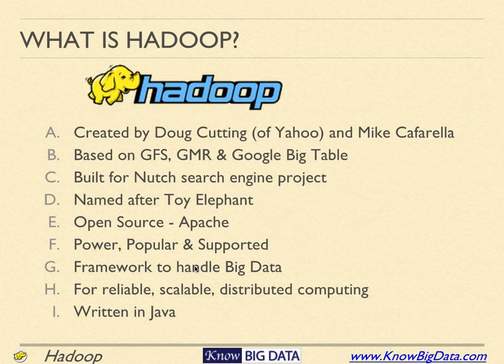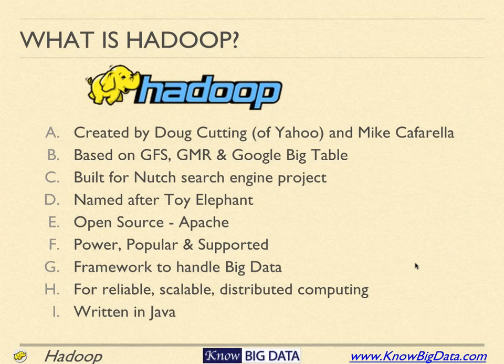Hadoop was created by Doug Cutting and Mike Cafarella. At that time they were working at Yahoo, and they were trying to write their own search engine called Nutch. For that, they hit the bottleneck of the file system as well as the bottleneck of the existing database.